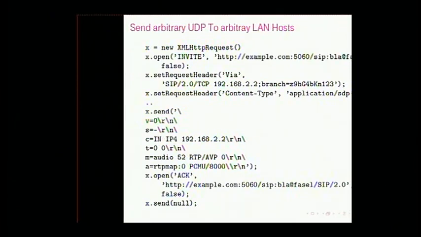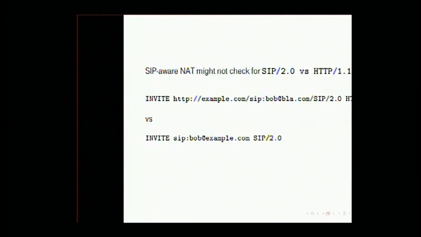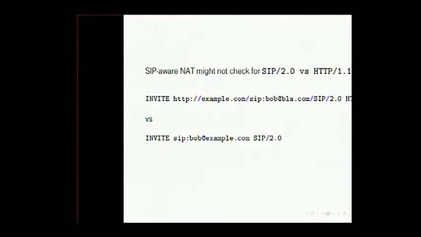You simply put JavaScript into some web page, and you trick the victim into accessing this web page, and this JavaScript is executed and sends an HTTP request to port 5060, which happens to have a method of invite, which looks like it, and perhaps the NAT router will accept it as SIP. If they don't do proper parsing, if they just look for the SIP colon or SIP 2.0 string, they will think this is SIP and will open ports for you.